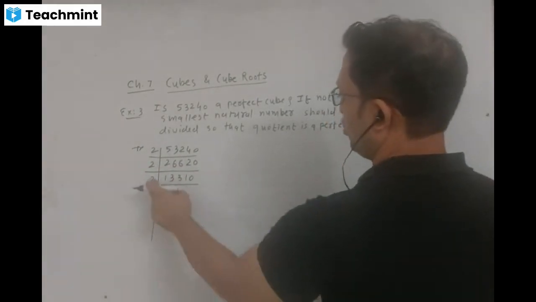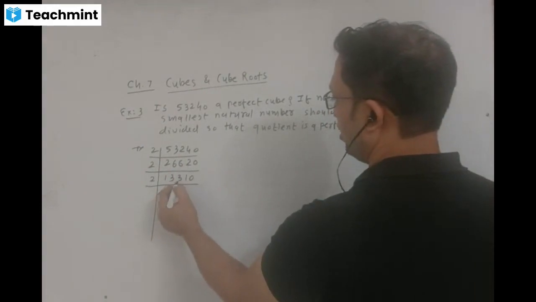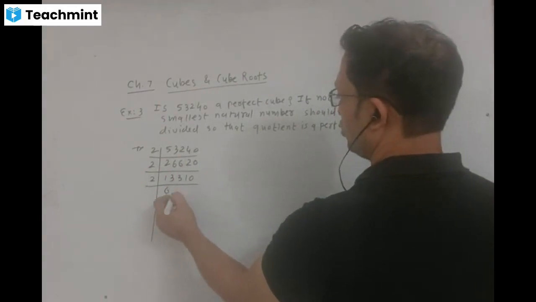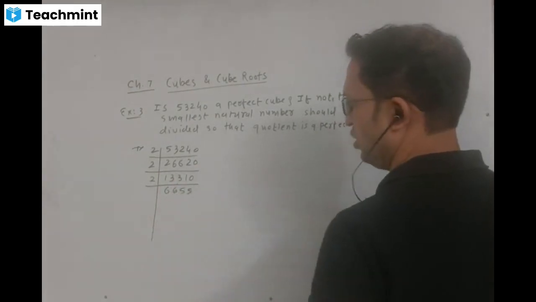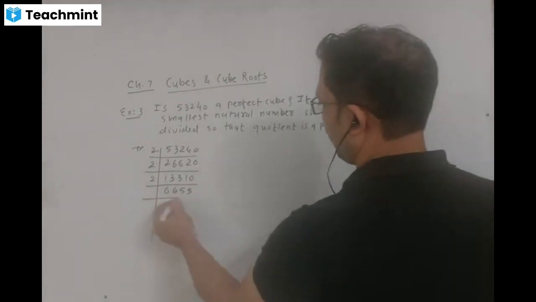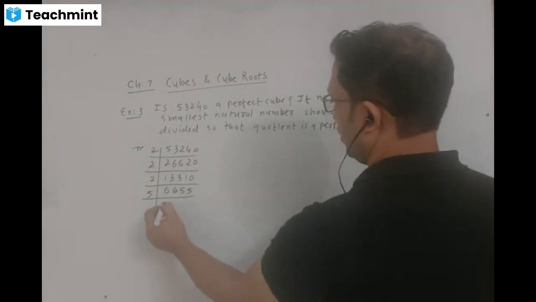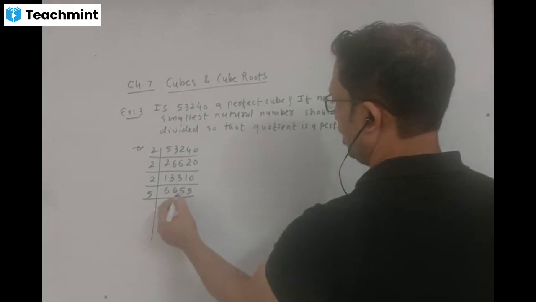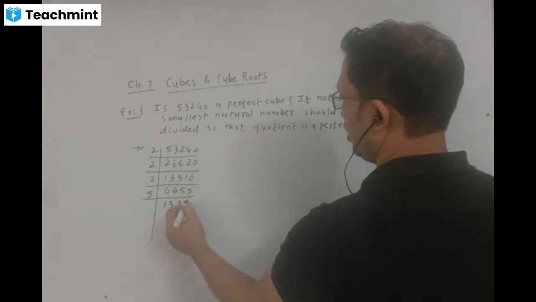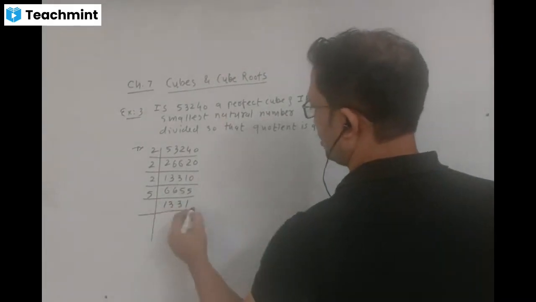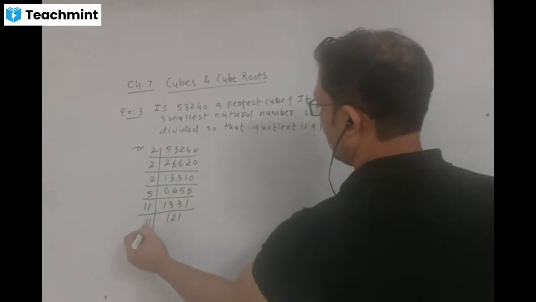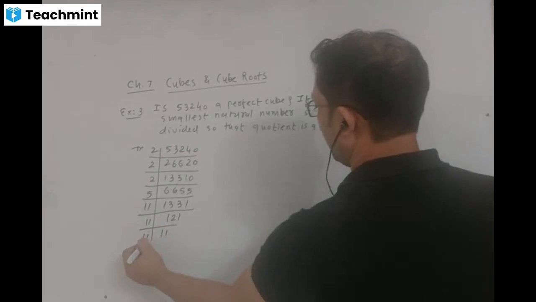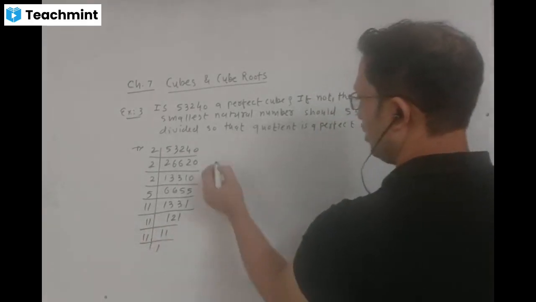Again we divide by 2, 6655. That number is divided by 5, 1331. And 1331 is the cube of 11, divided by 11, that is 121, divided by 11 is 11, and divided by 11 is 1.